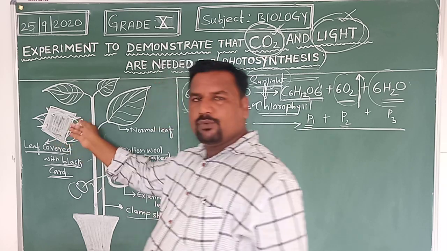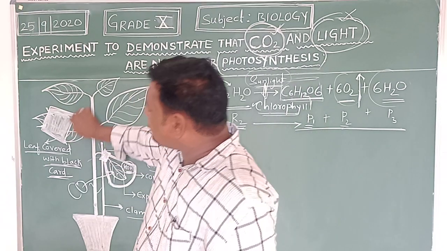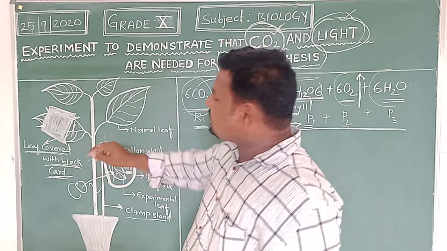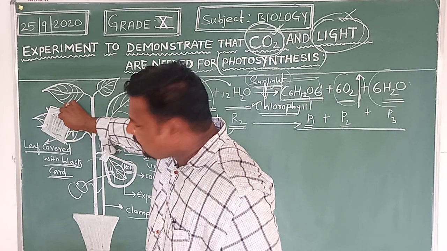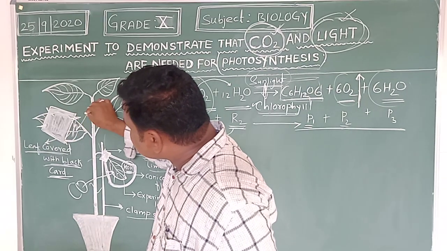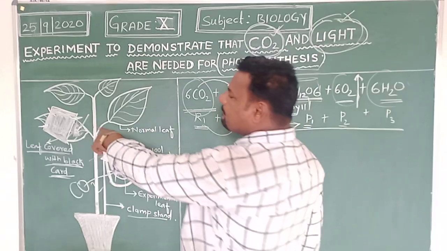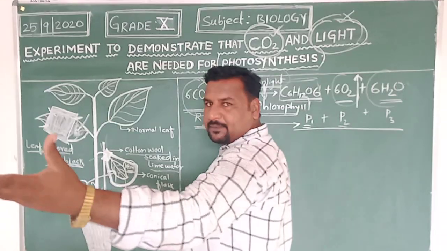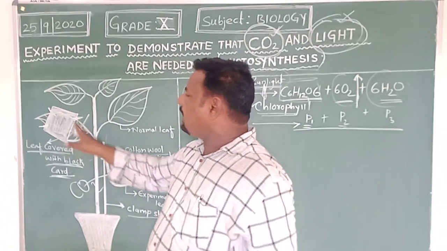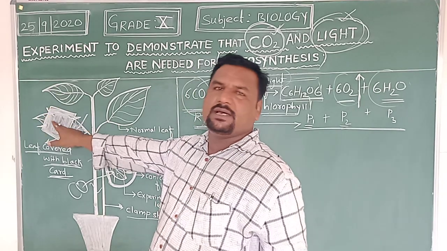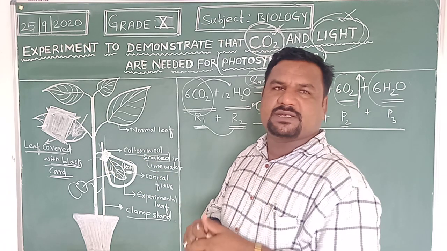If you remove the black tar from it and perform a starch test, the part of the leaf which was kept open, not covered by the tar, shows formation of starch, because it could receive sufficient sunlight. Whereas the part placed below the black tar does not receive sufficient sunlight. Therefore, there is no formation of starch.